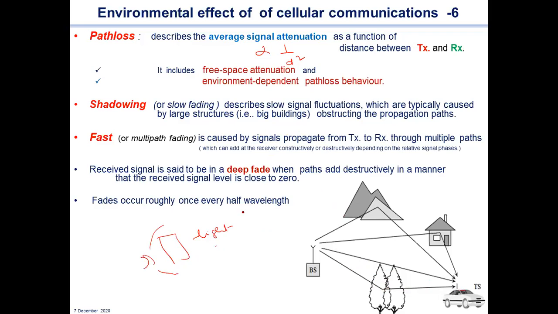Fades occur, and we have seen deep fades there. Fades occur roughly once every half wavelength. Sometimes deep fades occur for every half wavelength distance of the signal. Fades vary over very small distances; how it happens we'll see.